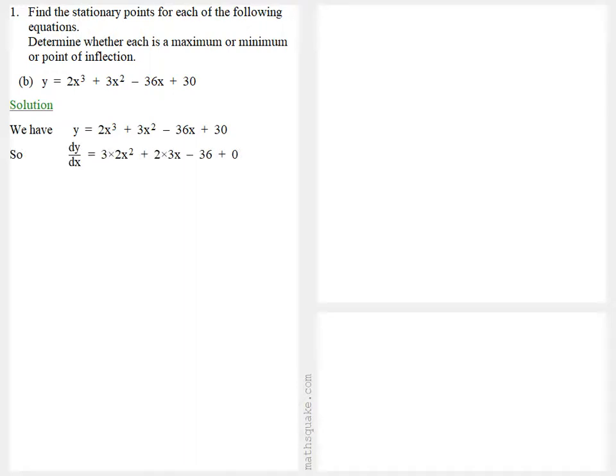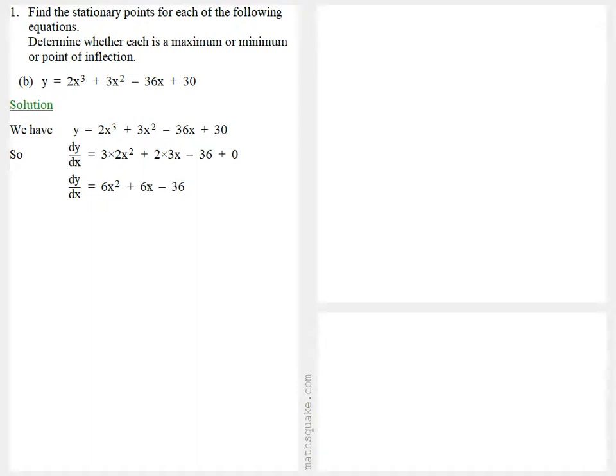Now to differentiate 2x to the power 3, it becomes 3 times 2x to the power 2. 3x squared becomes 2 times 3x to the power 1, or 6x. 36x differentiates to give 36, and 30 on its own differentiates to 0. So dy by dx equals 6x squared plus 6x minus 36.